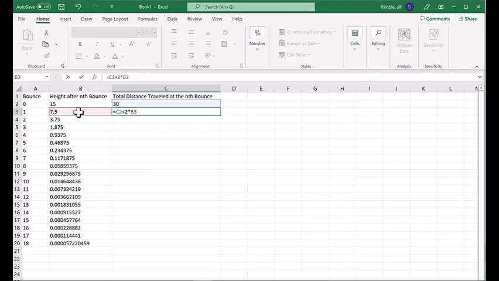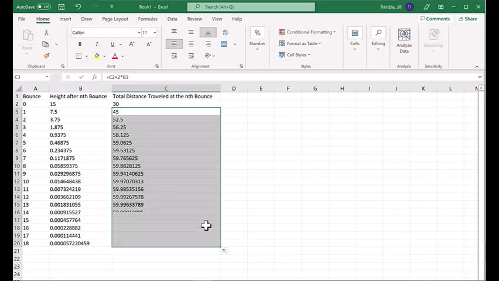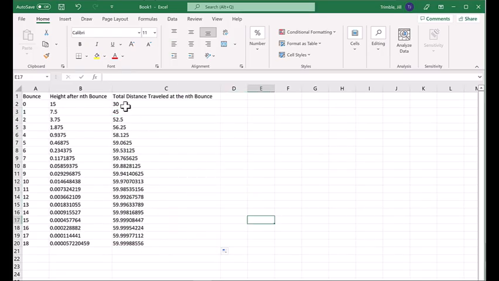But again, I want to use my absolute and relative cell references because I don't want to have to type all these numbers in. So I should be able to copy this formula all the way down. As I look here, I can see the total distance traveled as my ball bounces is getting closer and closer to 60. So that's the information that doing this on a spreadsheet very quickly can help us figure out.